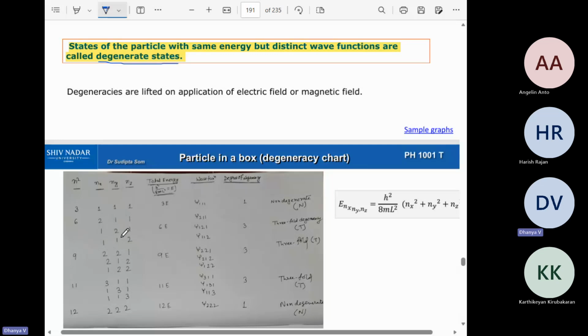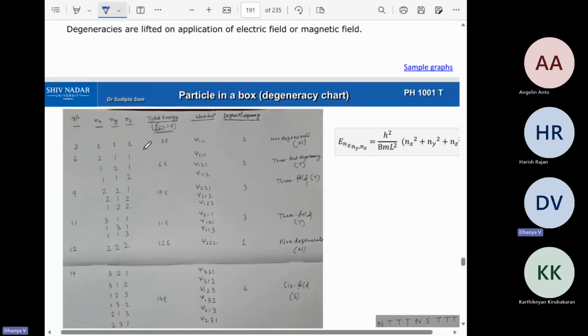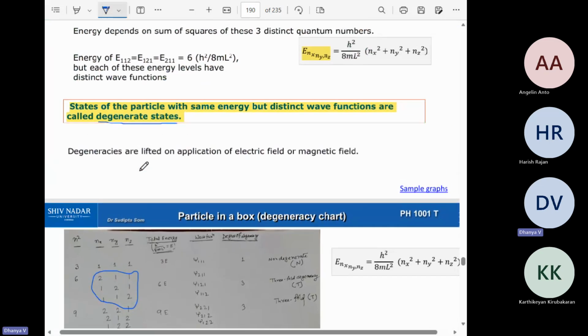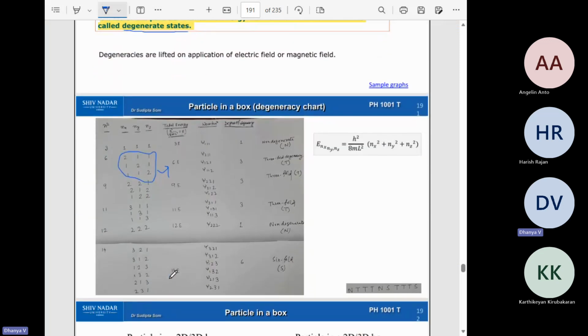In that case, it will be 4 plus 1 plus 1, which is 6, so 6E. Okay. So like that, they can explain 1 or 2 cases, saying that there are different wave functions, but the energy is the same. Energy level is the same. So that is called degenerate states.